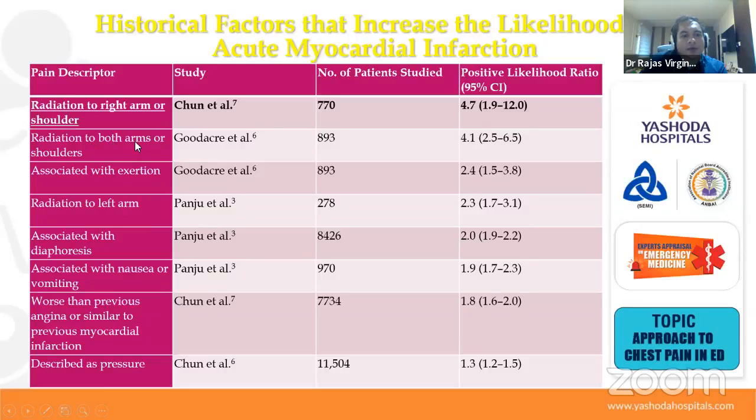Radiation to both arms is also quite high, as are association with exertion, radiation to the left arm, sweating, and nausea and vomiting. These are all going to be red flags whenever the patient describes the pain as going to my right arm or shoulder, or to my left arm, or worsening with exertion. These all point towards a cardiac cause.